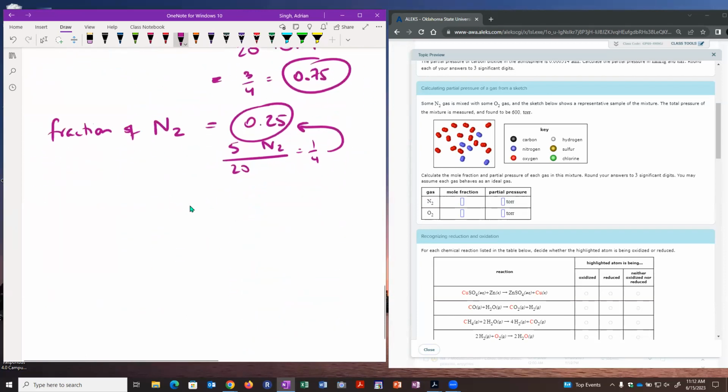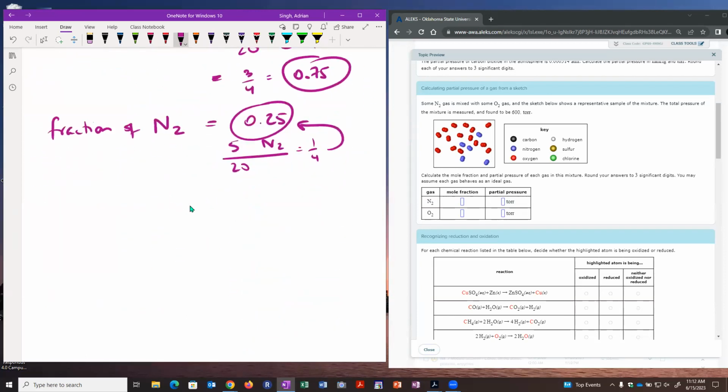Okay, so we have the mole fraction of N2 and the mole fraction of O2. We can then take those and multiply them by the total pressure to figure out the partial pressure. So for example, for N2, I can take the mole fraction, 0.25, and multiply by the total pressure. This is saying a quarter of the pressure is due to the nitrogen, and the total pressure there was 600 torr.